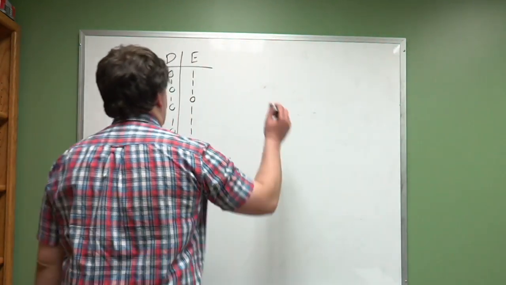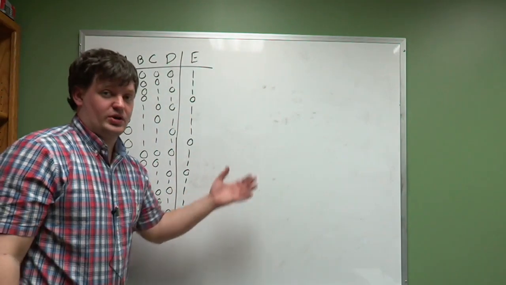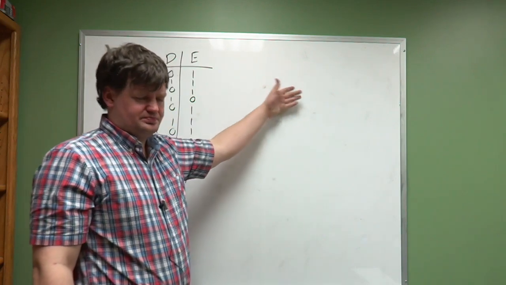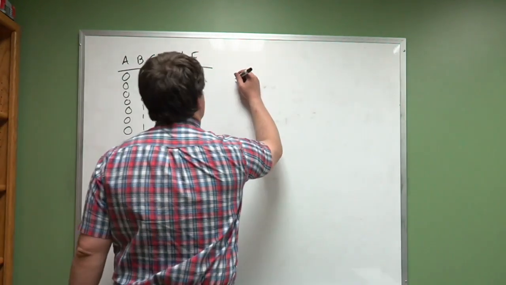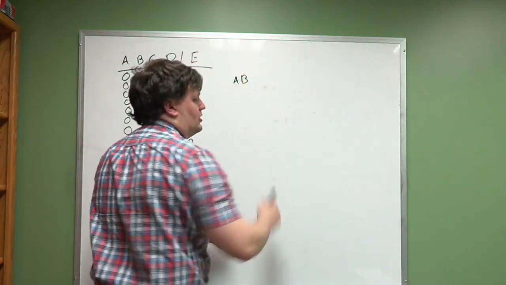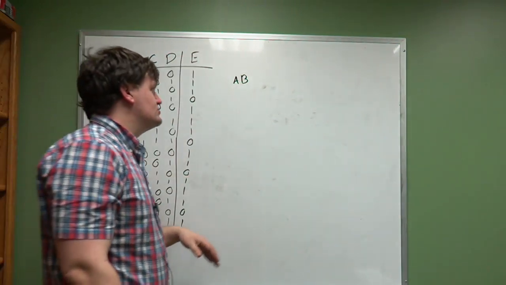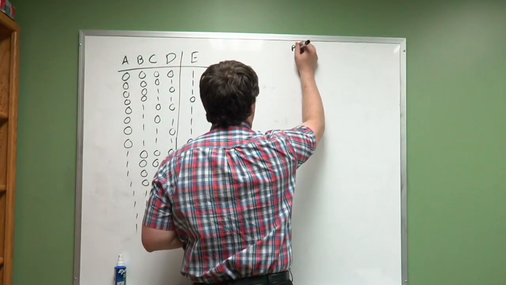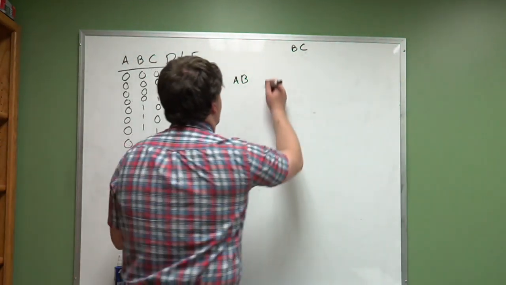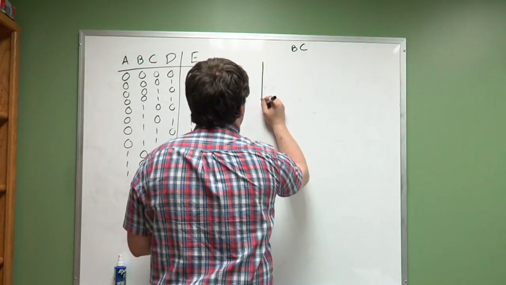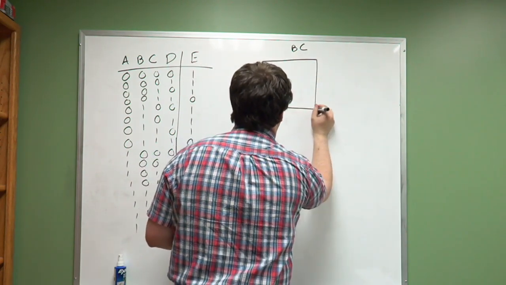Like we did last time where we combined B and C at the top of the table, here because we have 4, I'm going to go ahead and combine A and B on the left side of the table so that AB represents the rows and CD represents the columns. Okay? So I will create a Karnaugh map.